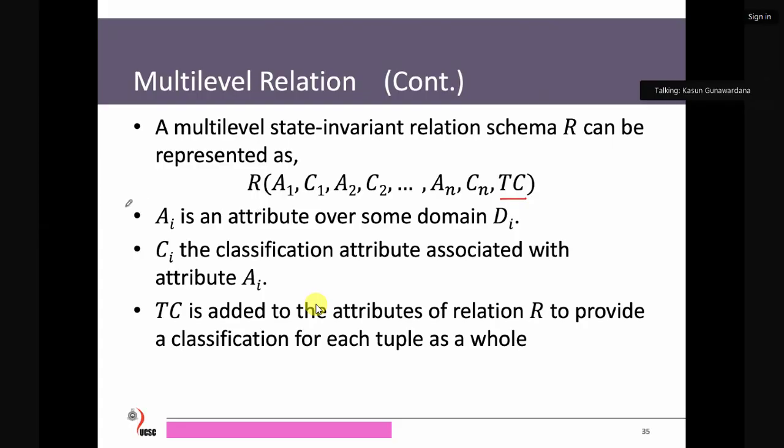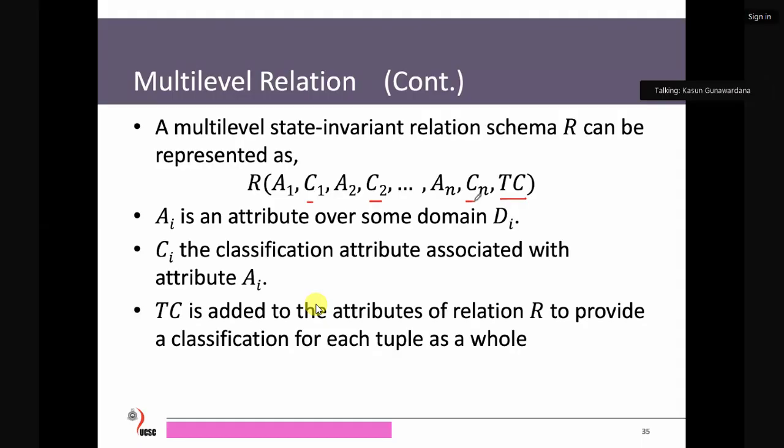Then what are these C's? These C's are the classification attributes associated with attribute A. So for each attribute, what is the classification?